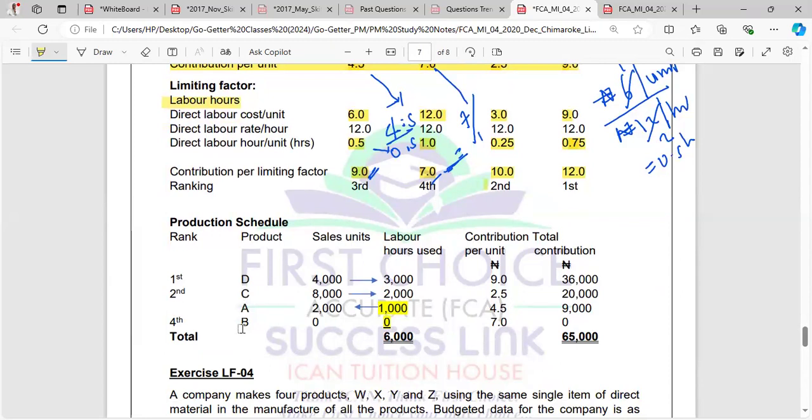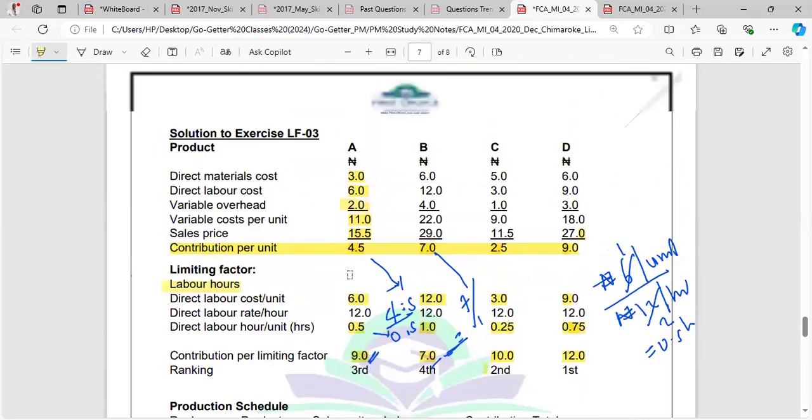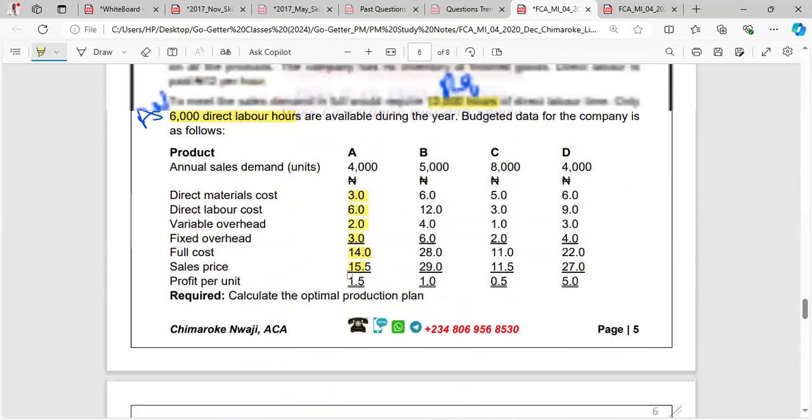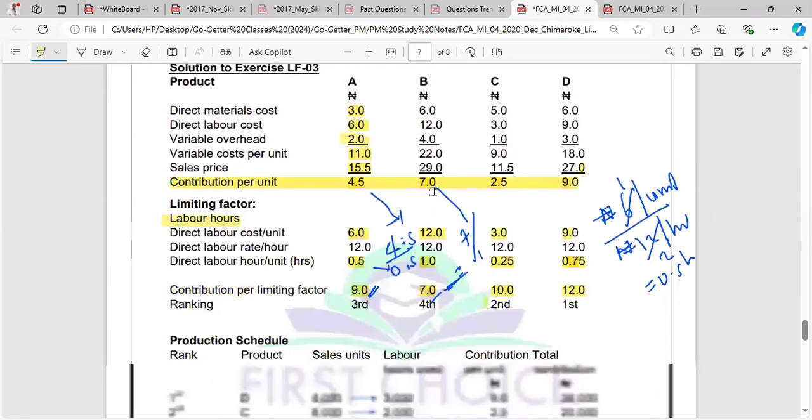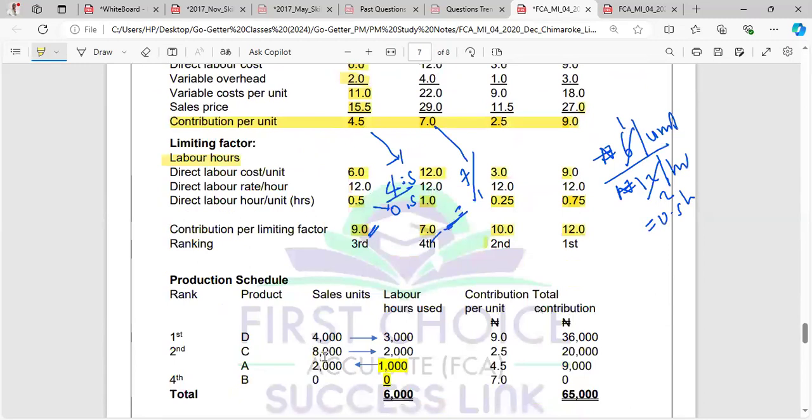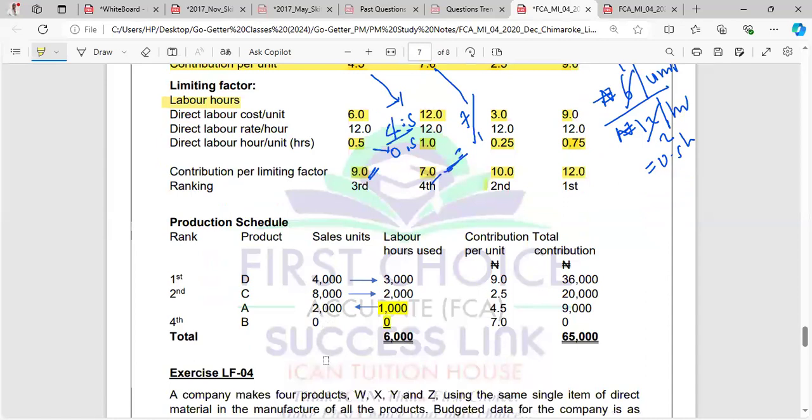After leveling it that way, you go to their sales unit. What is their sales unit here? It is this sales unit. So 4,000, 8,000, 4,000, 5,000. Of course, B and A have been severely limited, but we'll come to it.